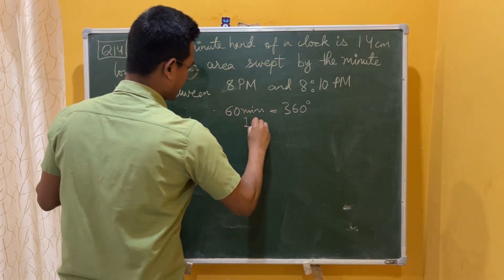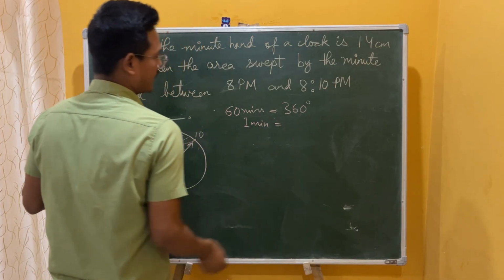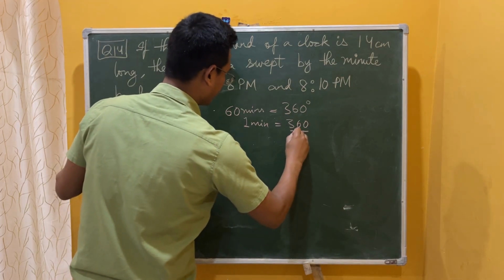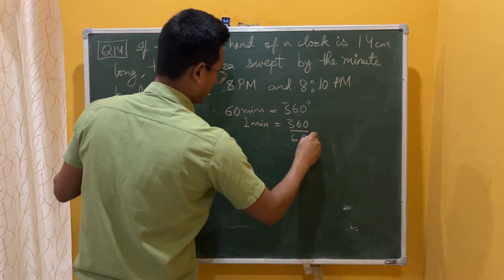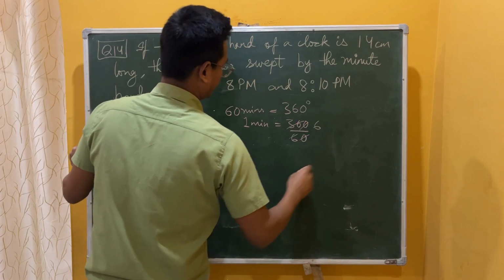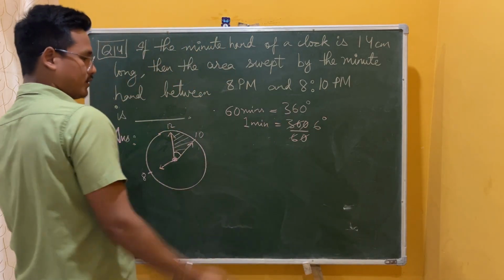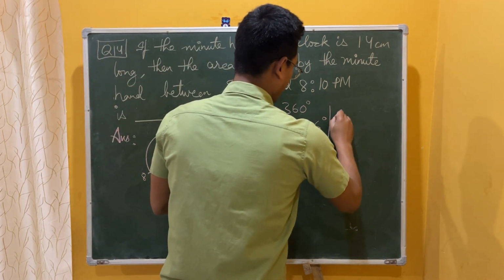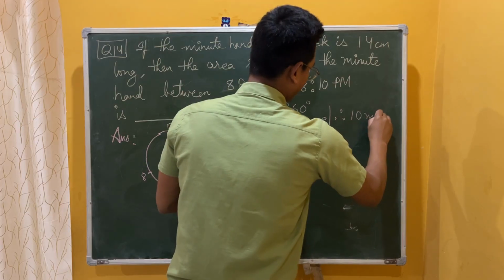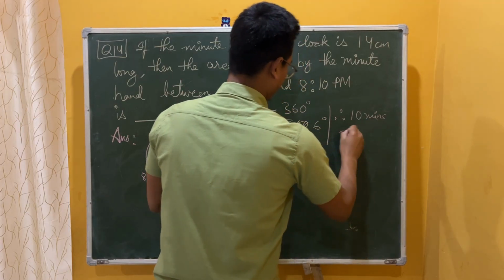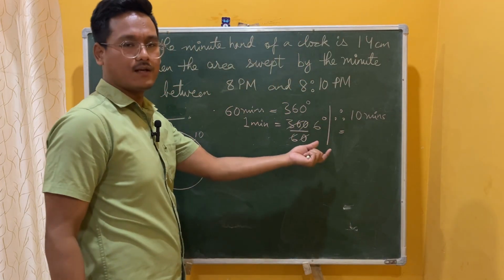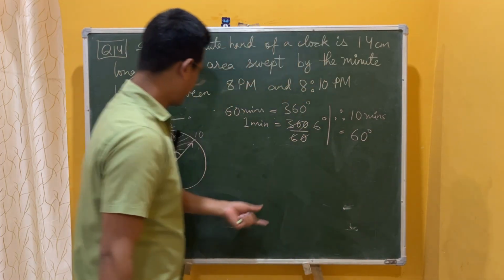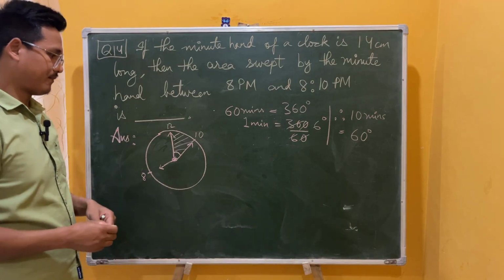So first find 1 minute, using the unitary method. So 1 minute equals 6 degrees. Therefore, 10 minutes, if you know 1 minute's value, is just multiplied by 10, it is 60 degrees. So this angle is 60 degree, right?